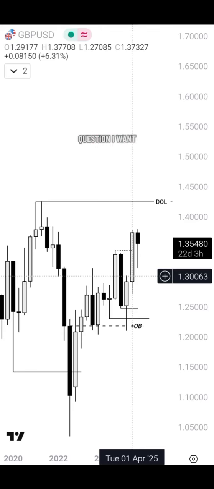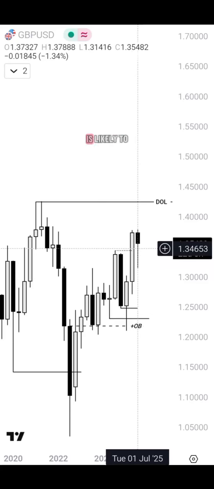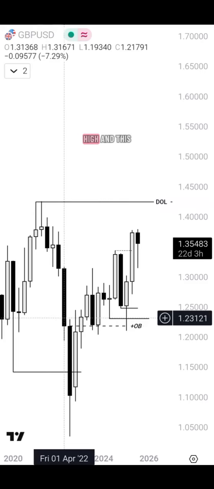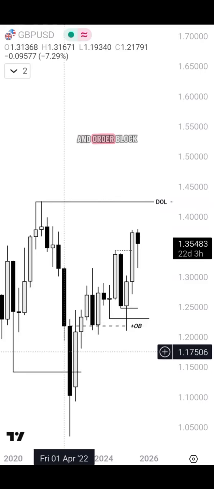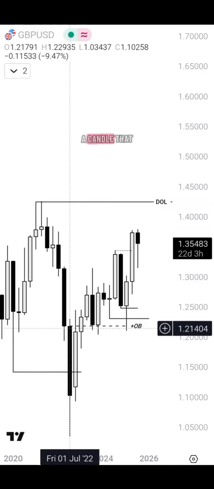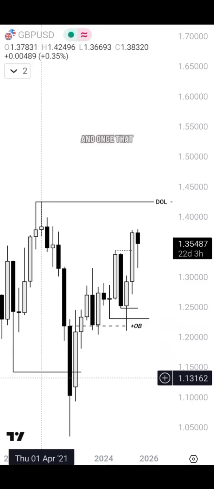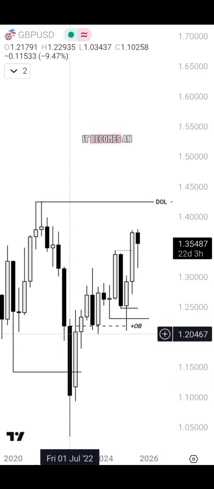So the next question I want to ask myself is what is the key level that is likely to be used to move price higher? And the key levels I focus on are what? Highs and lows. This is a high and this is a low. An order block is a candle that stabs into a previous liquidity pool, and once that particular candle is closed above or below, it becomes an order block.